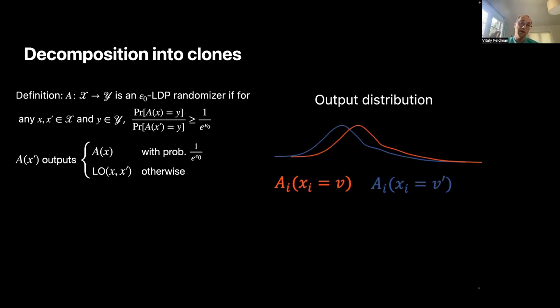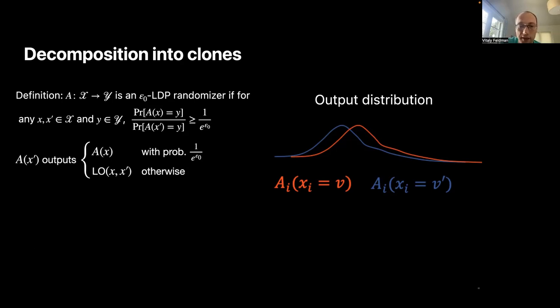So we can think of any element as pretending to be a randomizer on a different element with probability 1 over e to the epsilon 0. And that's what we'll refer to as cloning.